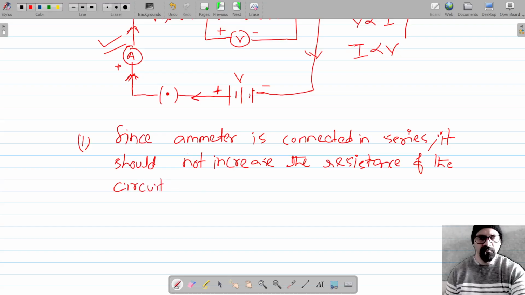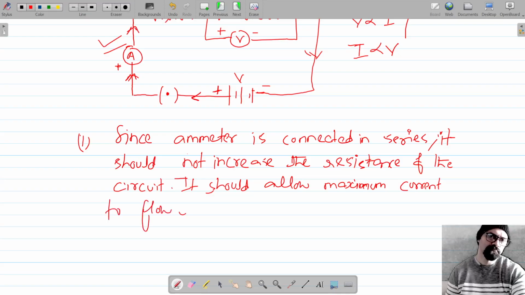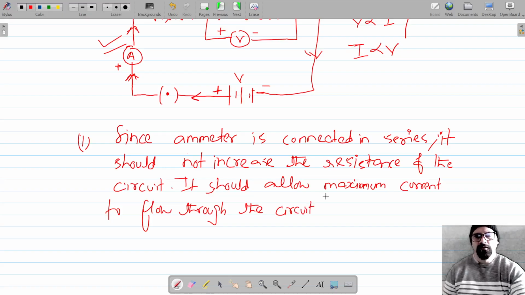And because it's giving us the reading, it should allow maximum current to flow through the circuit.